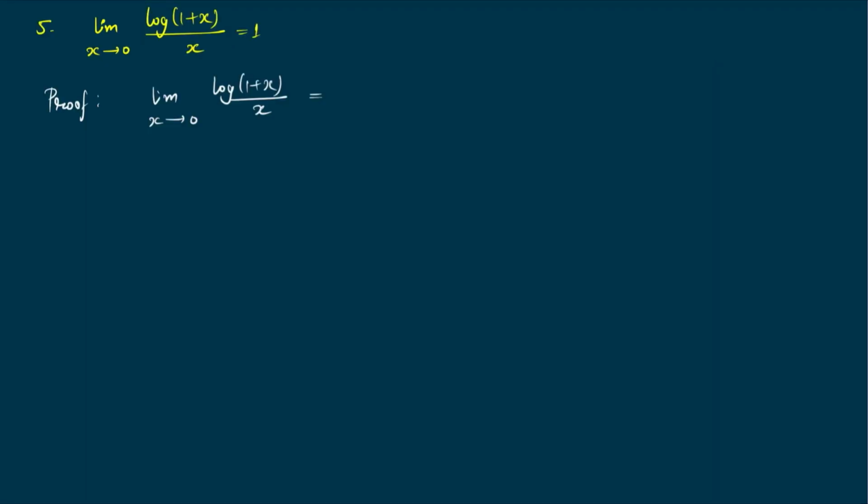Number 5, we have limit x tends to 0 of log(1 plus x) by x equals 1. So it will be limit x tends to 0. Now if I expand log(1 plus x), I will have x minus x squared by 2 plus x cubed by 3 minus up to infinity, by x.